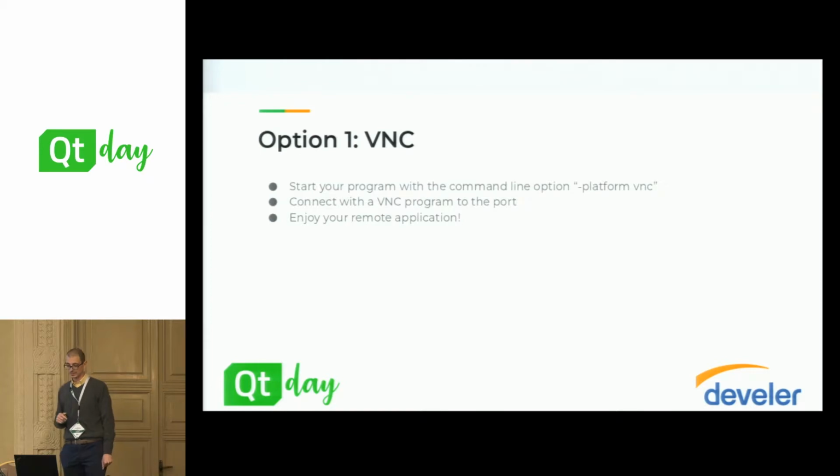Let's start with VNC. It's really easy. You just start your program with a command line option, platform VNC. The platform plugin opens a VNC port for you, and then you can connect with a VNC program, and that's it.